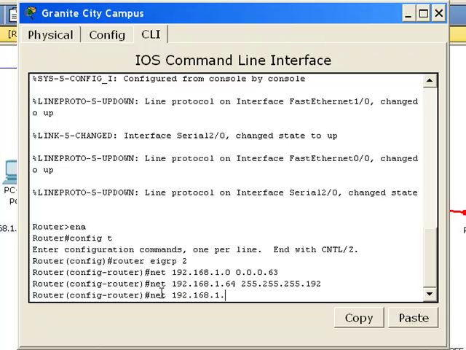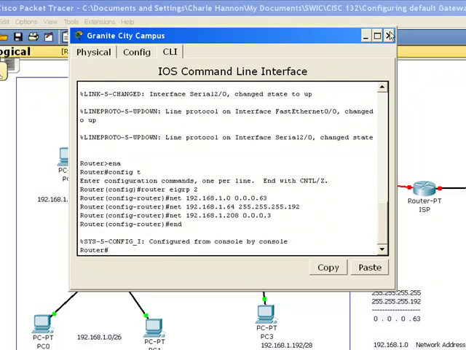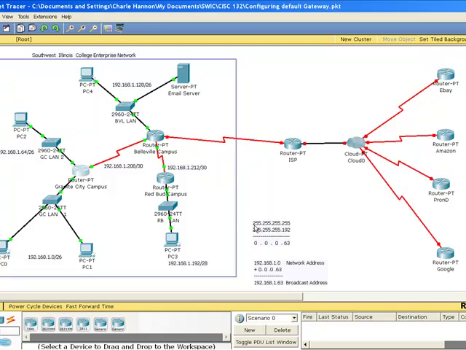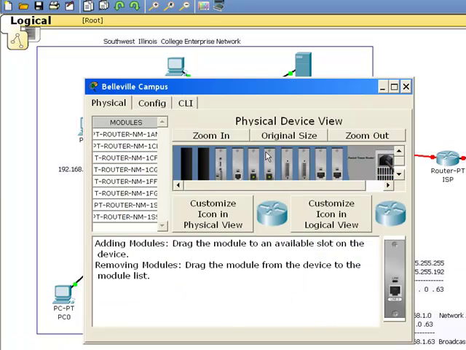Let's see, that serial interface would be 208. Now this wildcard mask is very similar to what we did over here when we configured the range of our IP scheme. So if I take 255, 255, 255 and I subtract the mask, that's what I'll get for my wildcard mask.